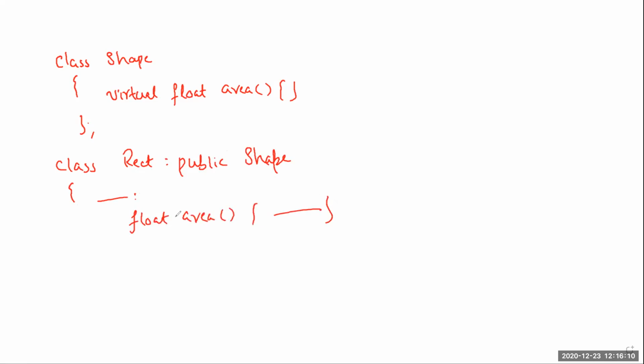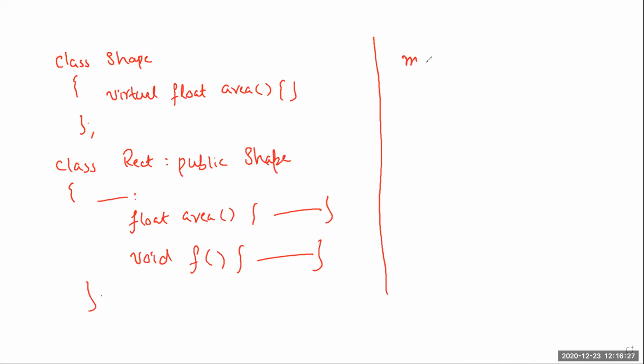Now suppose within the rectangle class, you make some additional function, like a function void f, and it has some body. And similarly, you have other classes, circle and triangle and so on. Now when you are doing polymorphism, this would be your main. Let me change the color so that it is visible.